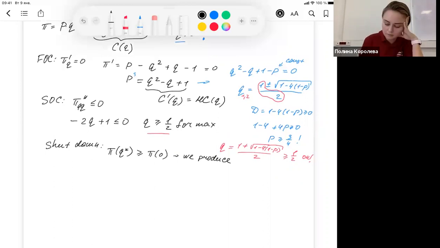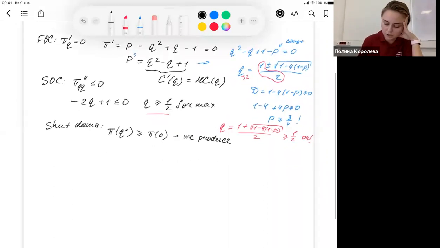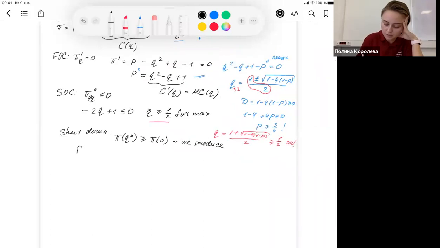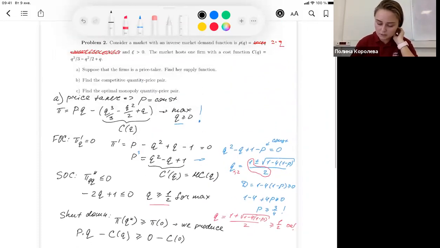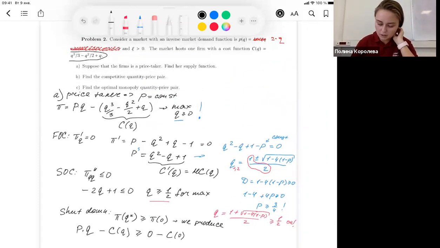In general, profit is price multiplied by quantity, revenue, minus total costs. This should be greater or equal than what? 0. Put quantity equal to 0 into profit: 0 minus costs at 0. In our task, all our costs are variable costs.